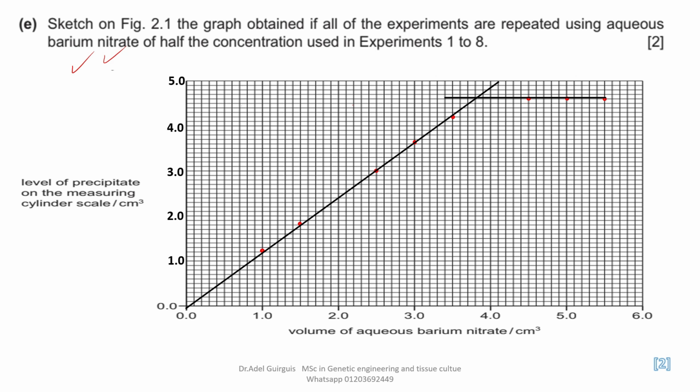Yes, of course, as the concentration of barium nitrate is reduced to half, the volume of precipitate will also be reduced to half. Here it must shift to the right and down, and the maximum volume obtained in these last 3 points is nearly half of the maximum.